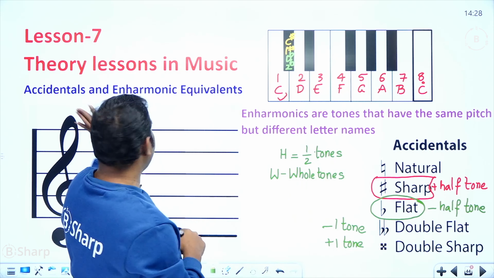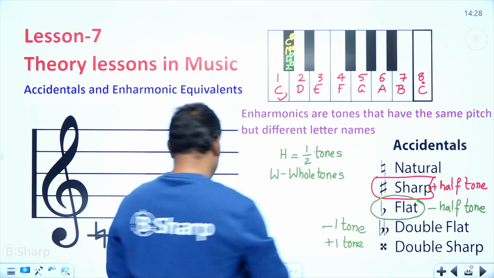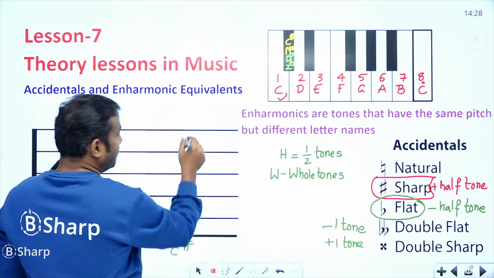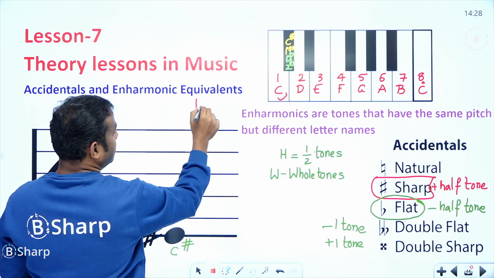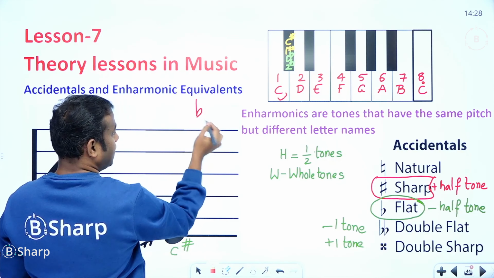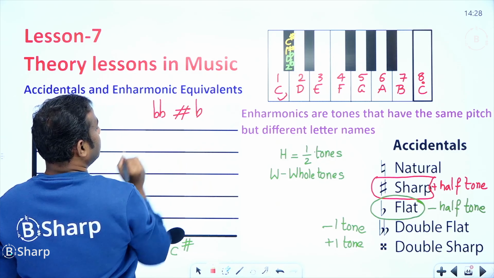Then these are the things about accidentals here. When you are representing these accidentals, this is the way to represent a flat, which I already told you in the previous class. And this is the way we represent the sharp. If you want to represent a double flat, you will keep it like this.